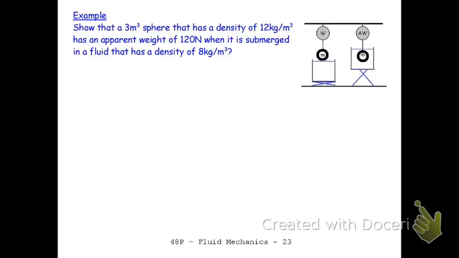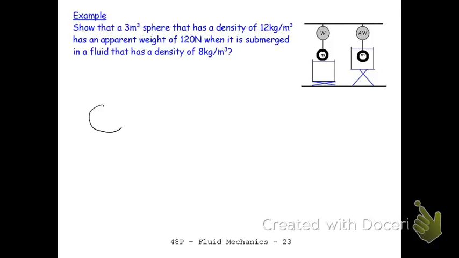You'll find in the book people like to talk about the apparent weight. So what is this? We take an object like a bowling ball, and we have a little Newton meter, a Newton gauge, and we see what its weight is in air. And then we raise the water so that it surrounds the bowling ball, and we find that we get a lower value for the weight because there's a buoyant force.